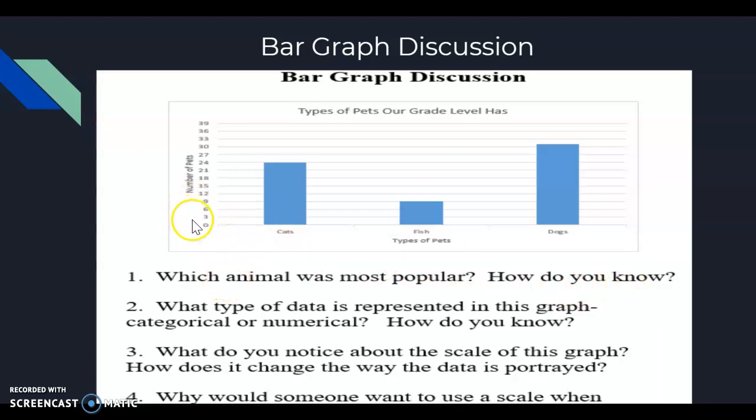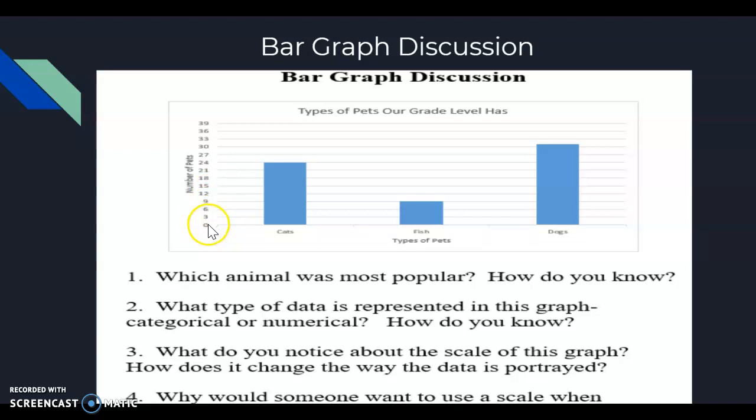Okay, so when we talk about scale, we're looking at the section over here with number of pets, and we're looking at what type of pattern you see over here. How much does each line represent? When you go from here to here, how much does each represent?